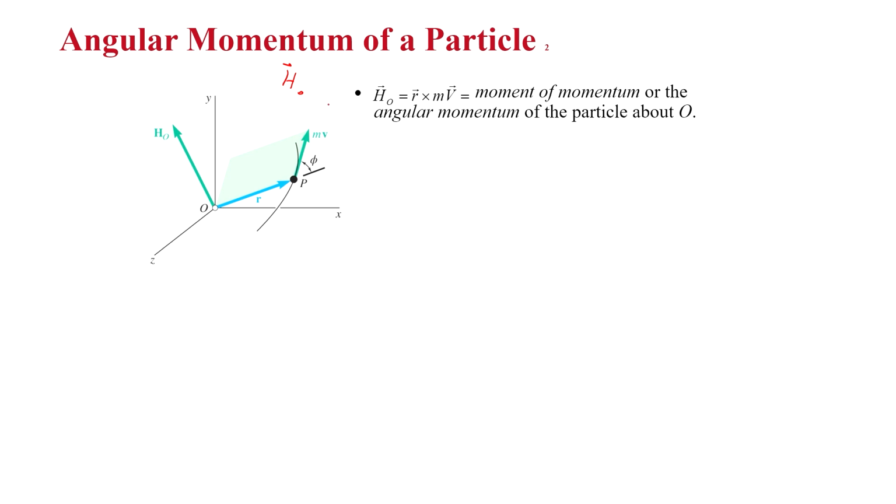Sometimes they refer to it with Greek letters because of the confusion, but let's call it H since we don't have any magnetism in this dynamics class. R, as a vector, is the distance from a point O in your reference system, and this is crossed with mass times velocity.